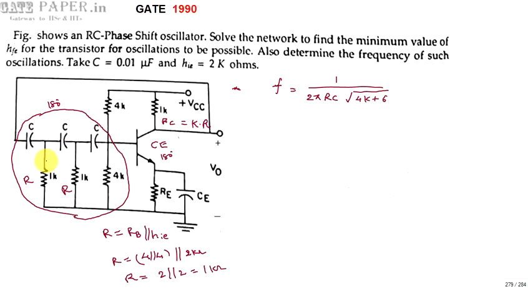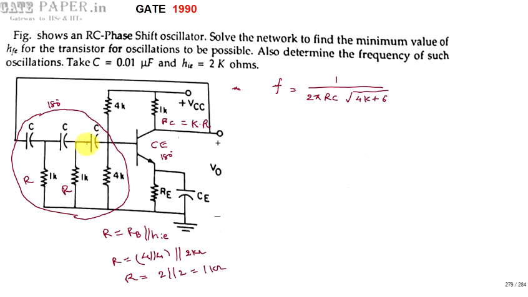It looks like a high pass filter. Whenever the capacitors and resistors are interchanged, if a resistor comes in place of a capacitor and a capacitor in place of a resistor, it looks like a low pass filter. Then the frequency is the same, except the square root of 6 plus 4K will appear in the numerator.